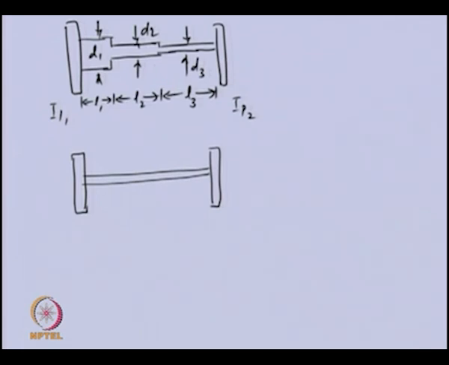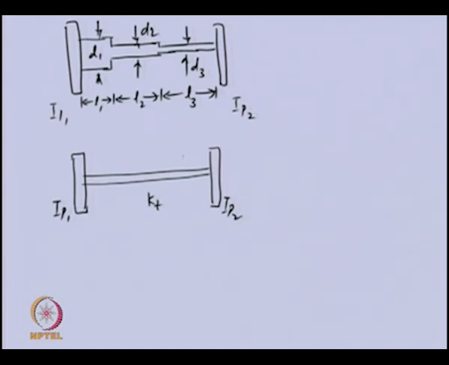So if by some means we can convert this particular system to this one, then whatever analysis we presented earlier will be valid. So in this particular case, these two systems will be equivalent when we have the torsional stiffness of this system and this system the same. So if they are same and polar moments of inertia are same, these two systems can be identical.